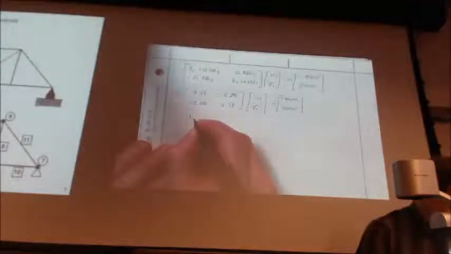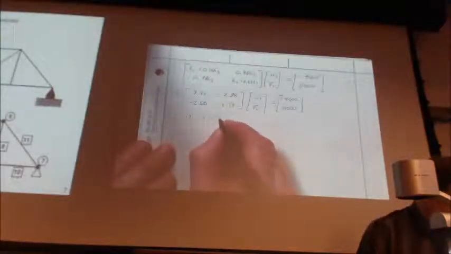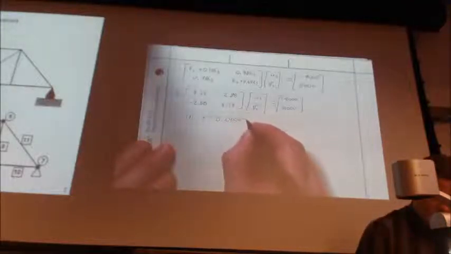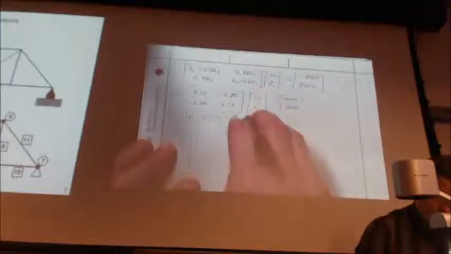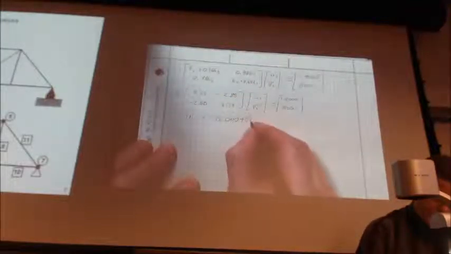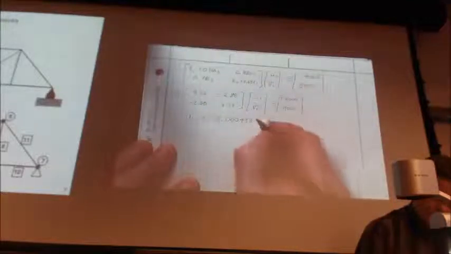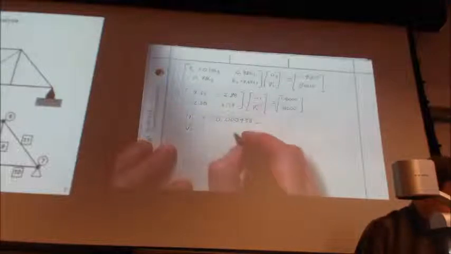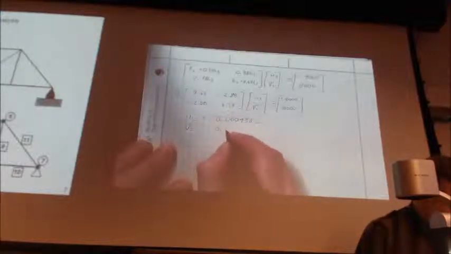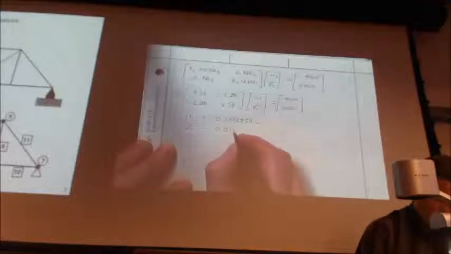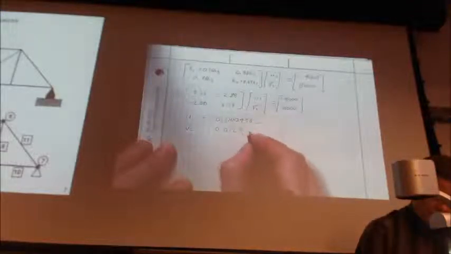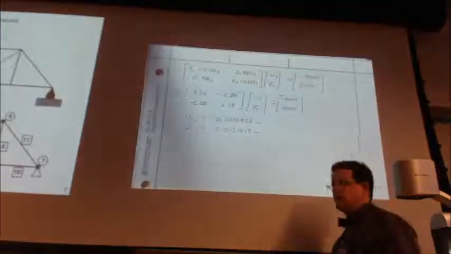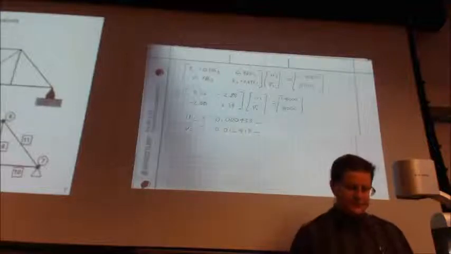So U2 is going to equal minus 2.3 inches, and oops, U3 equals 0.01249 inches. Okay, so those are our deflections, right?